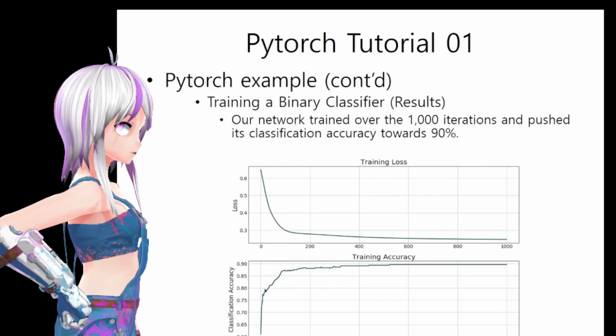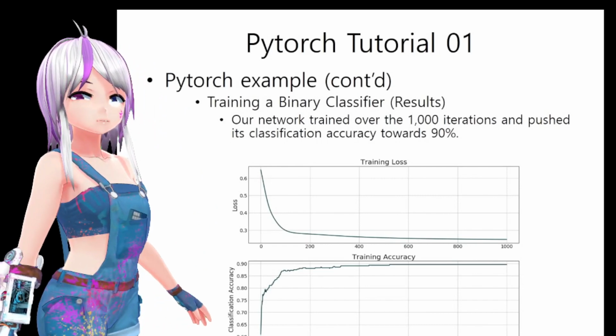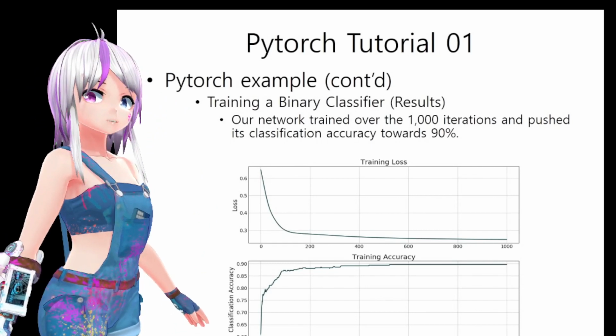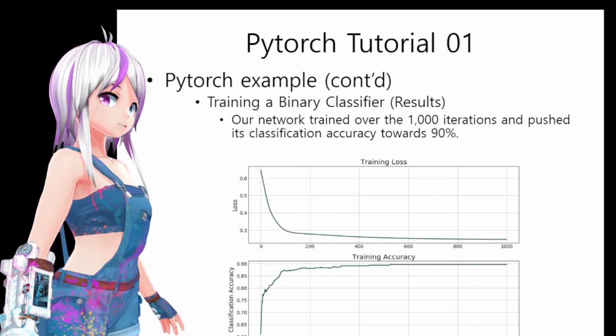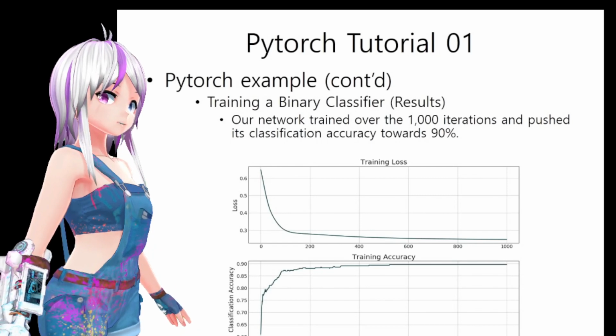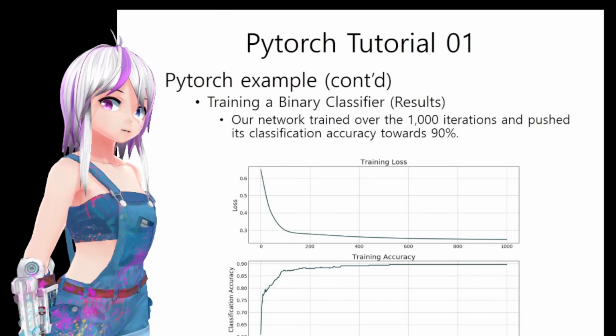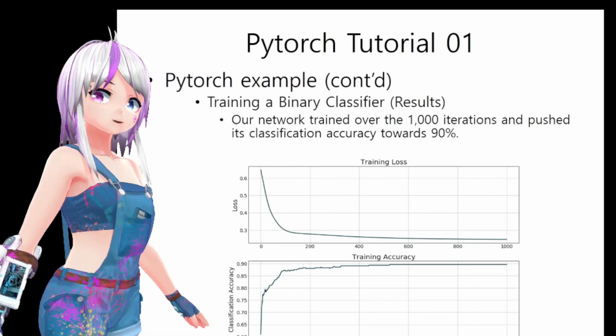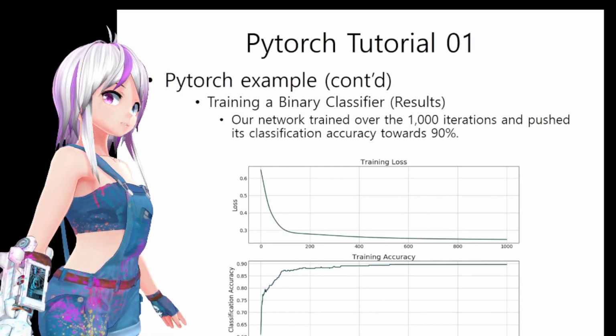So we have two graphs. On top we have the training loss function. It goes down, approaching 0. And the next figure is training accuracy, starting from somewhere around 0 point something to almost 0.9 in this case.